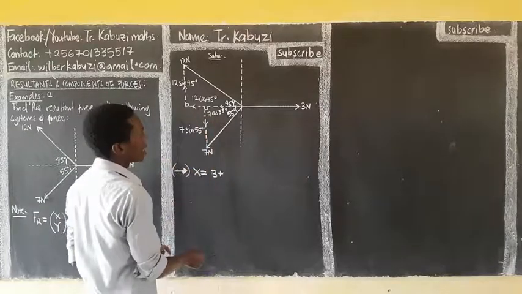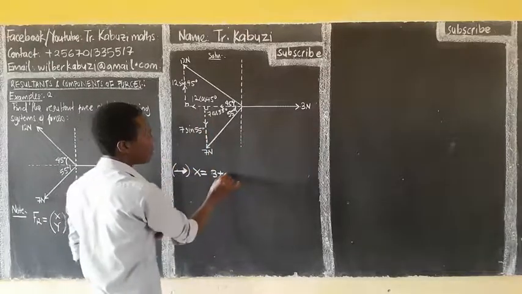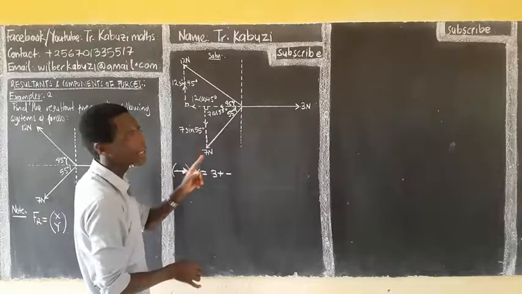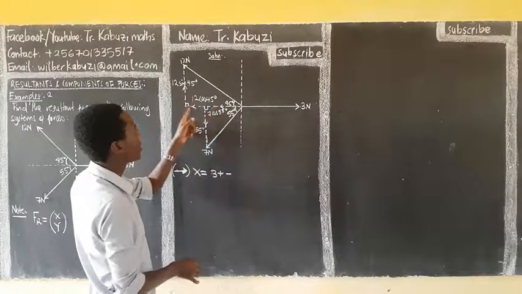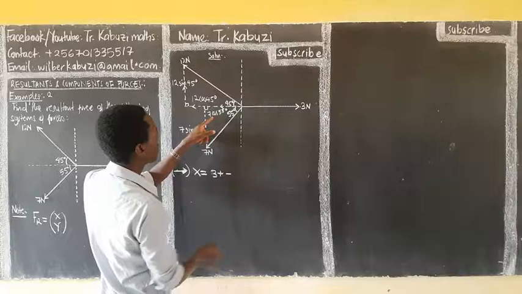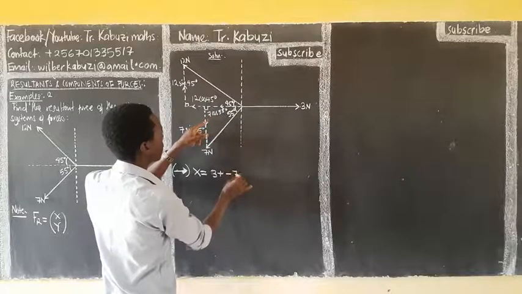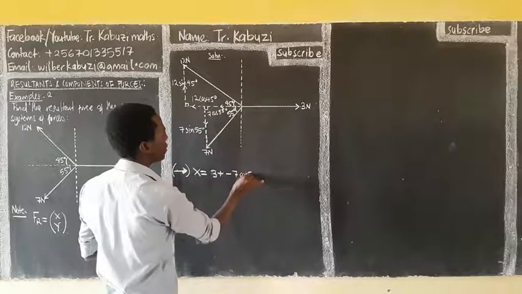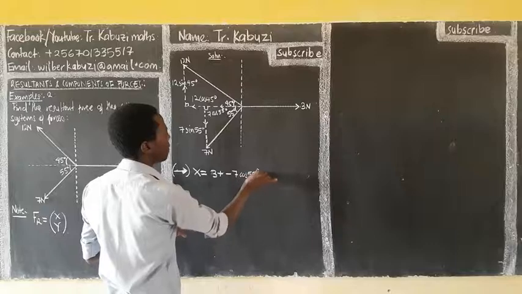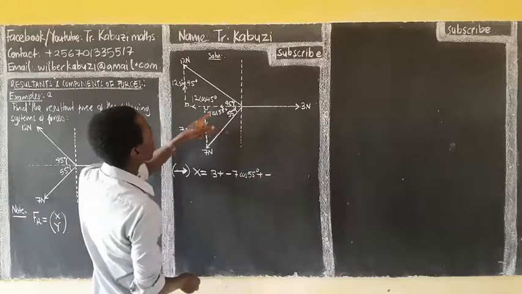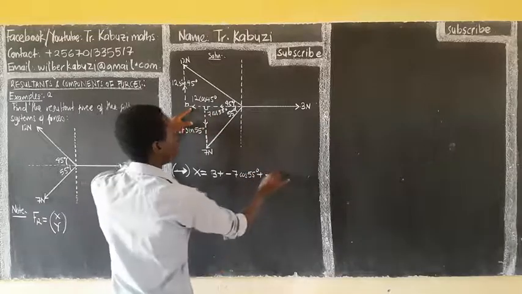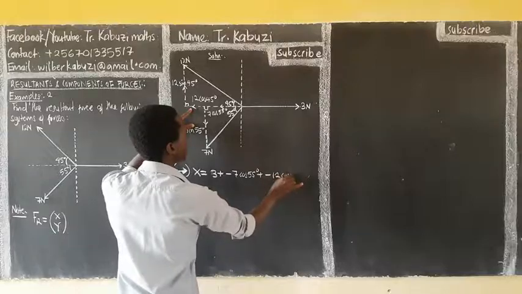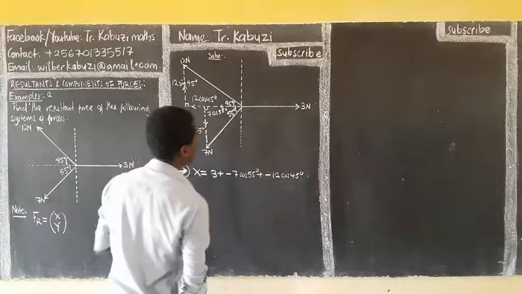The moment we see that they are opposite to this arrow, we put a negative first. In the x, we start with this one, 7 cos 55 degrees, then plus and negative also this one of 12 cos 45 degrees.